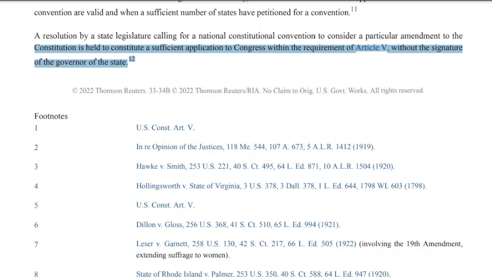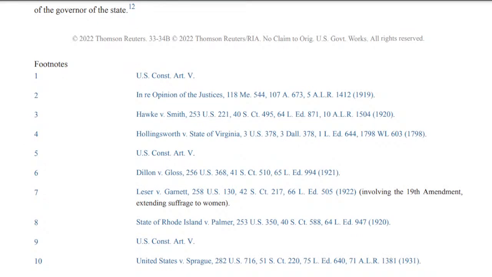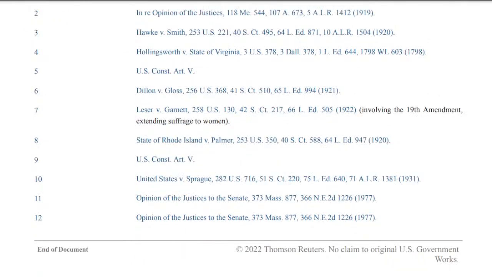Yep, so let's continue here. This was involving the 19th Amendment extending suffrage to women, in 1922. Now the thing about American jurisprudence is we're using a 2022 version of this, so we're very up to date.